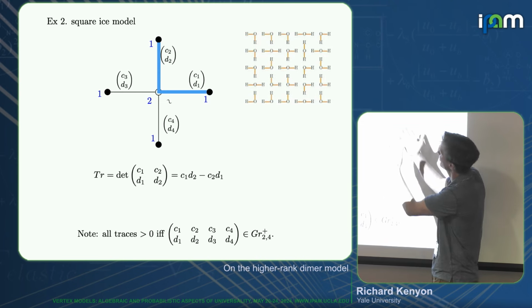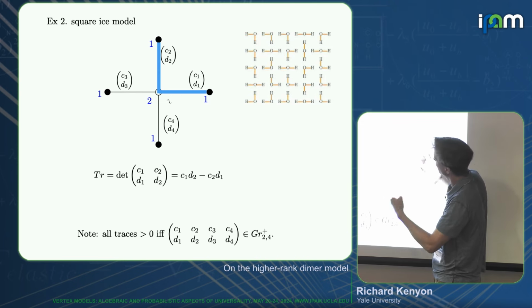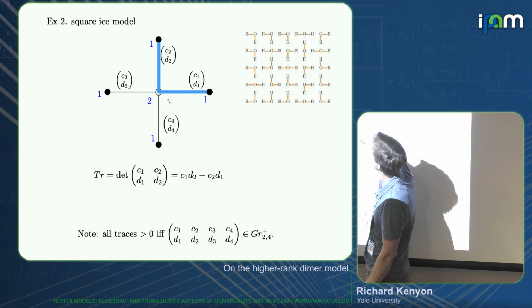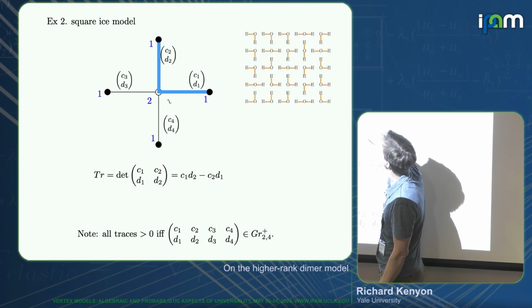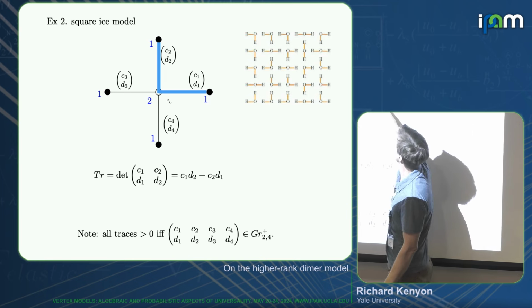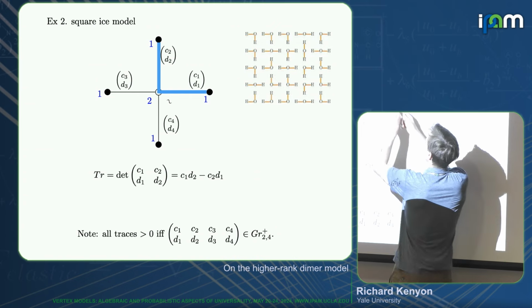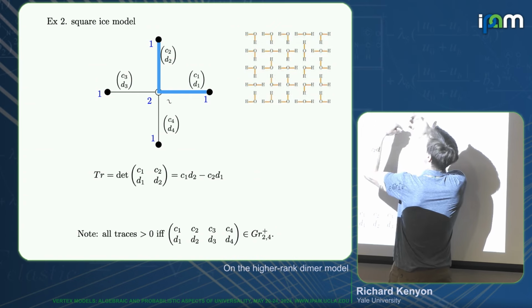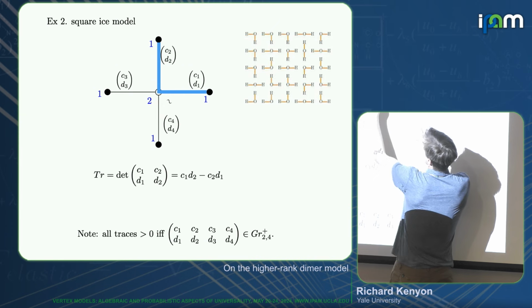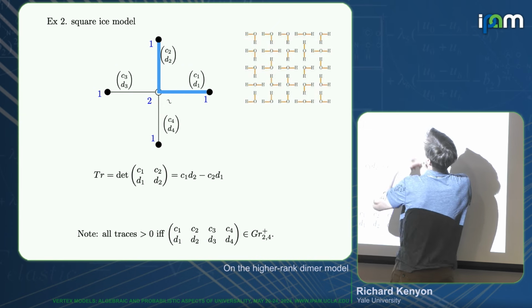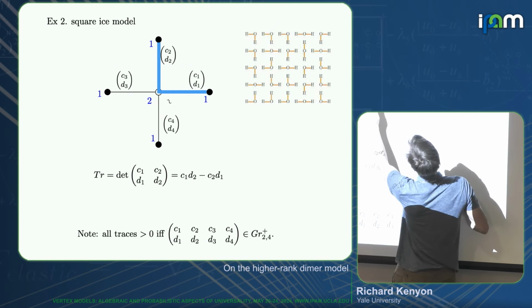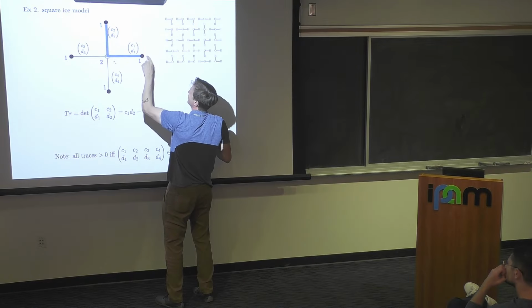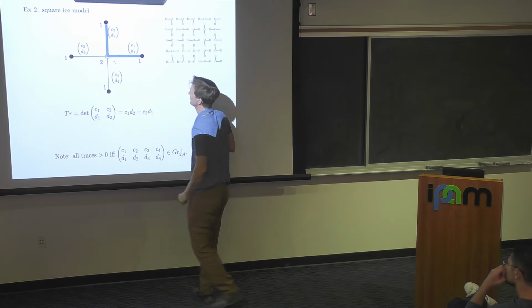Okay, and here's a very simple example for the square ice. Here's one component of the multiweb for the square ice sitting at a white vertex. There are two neighbors. And remember now, on each edge you have this 2 by 1 matrix going from a one-dimensional vector space to a two-dimensional vector space.